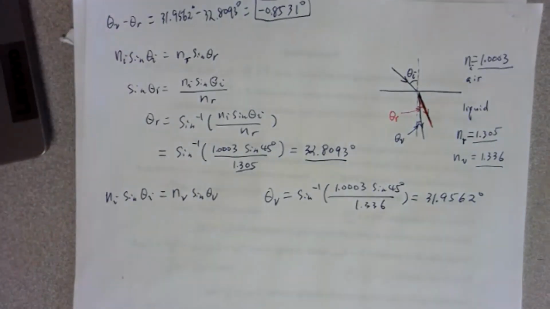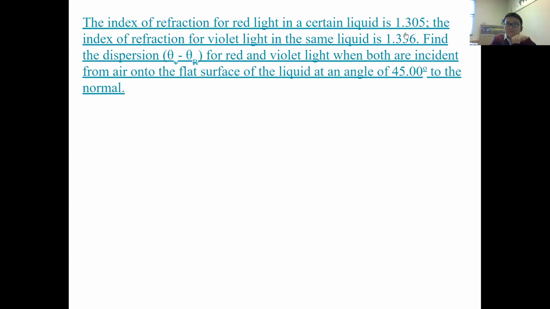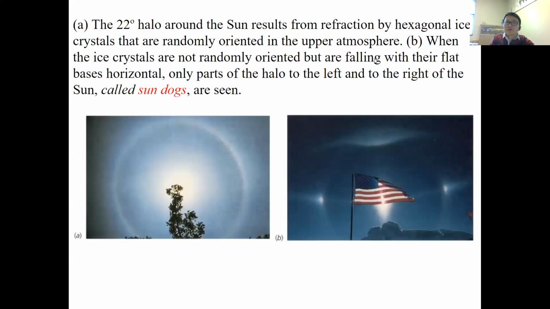Let's go back to the slide. Another interesting thing that you can see in the sky besides the rainbow is so-called sun dogs. In the early morning or in the afternoon, you'll see two bright spots by the sun, called sun dogs.